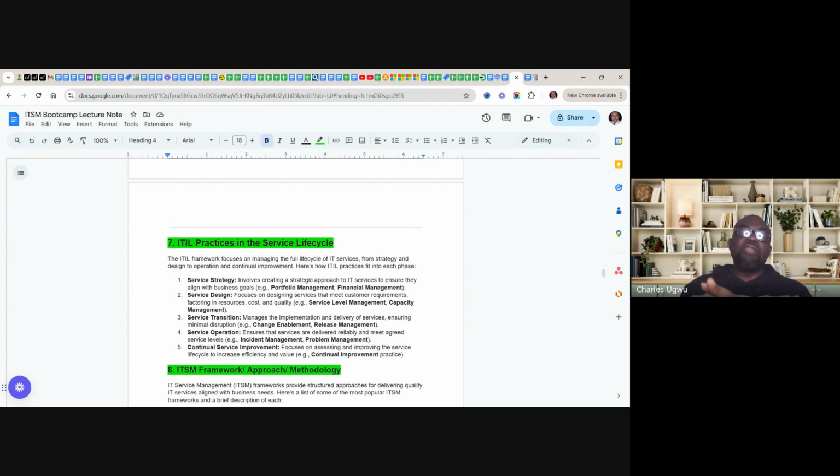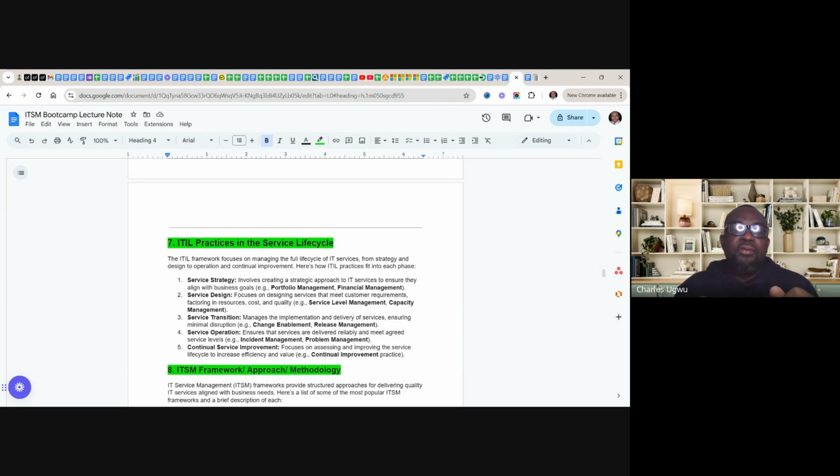But as long as that application is alive, it's a continuous improvement, continuous management. So in ITSM, we have what we call service life cycle under ITIL. So let's look at the various cycle.